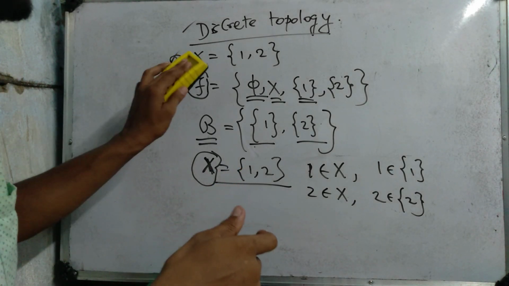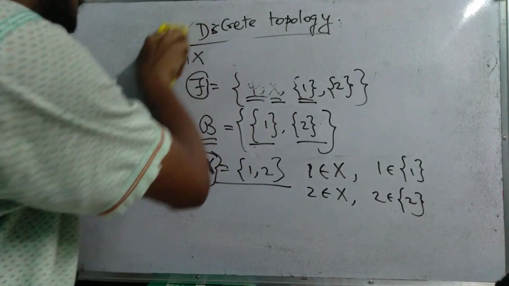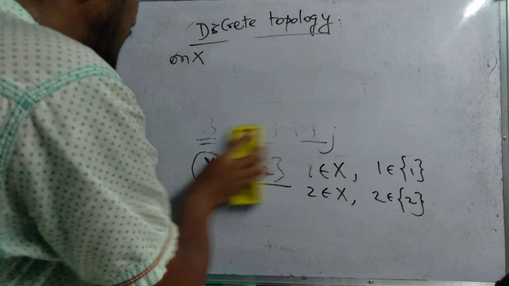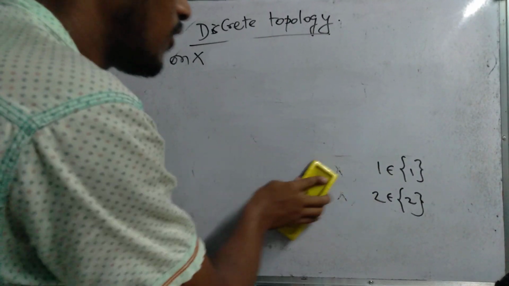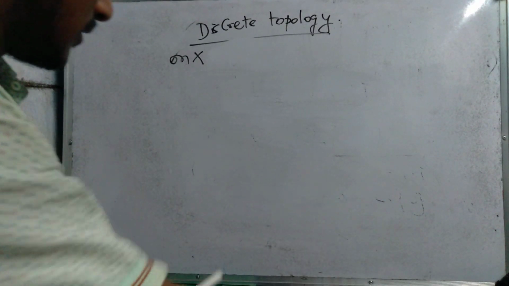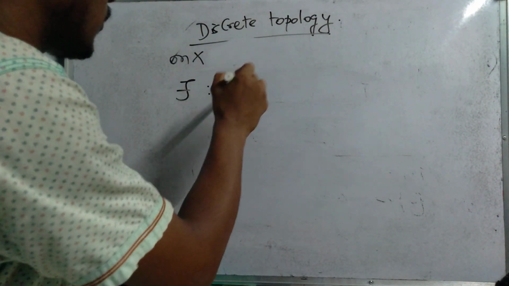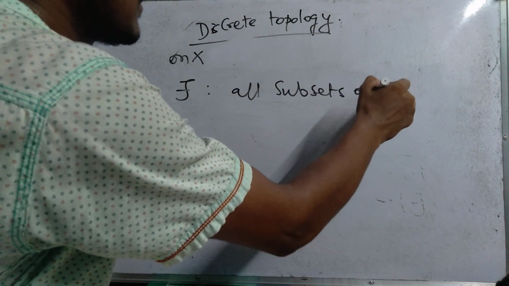Now we discuss x is any set. If x is any set, then we can also find a topology on x. This one is the discrete topology, containing all subsets of x. So it contains a topology which contains all subsets of x.